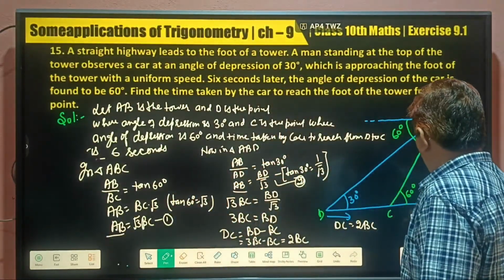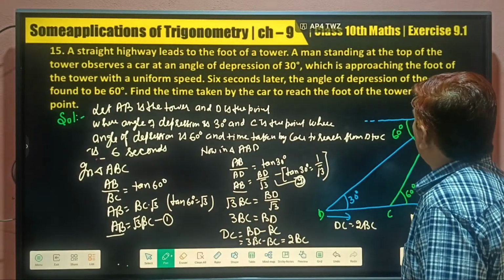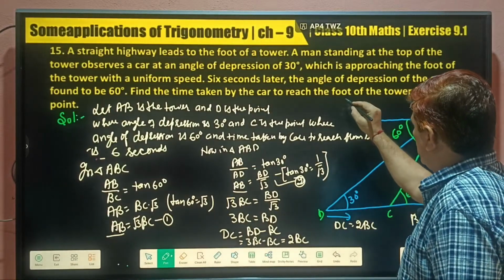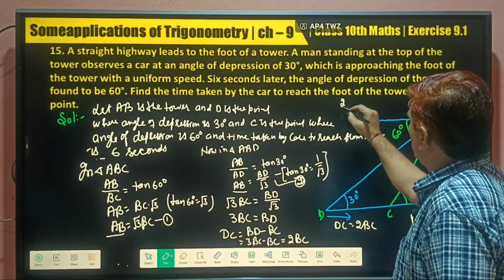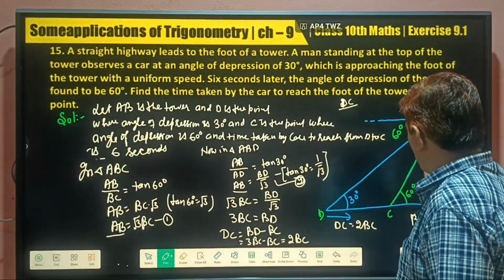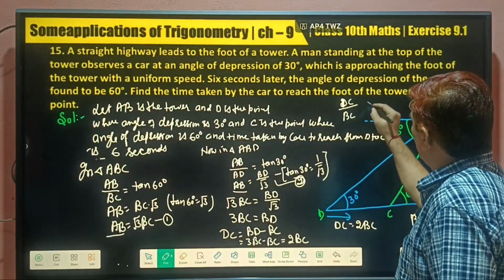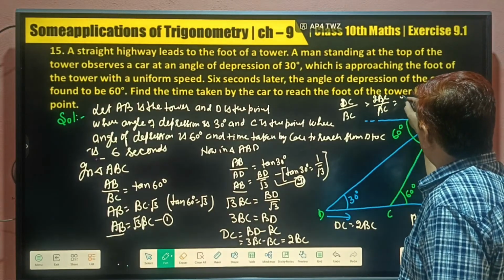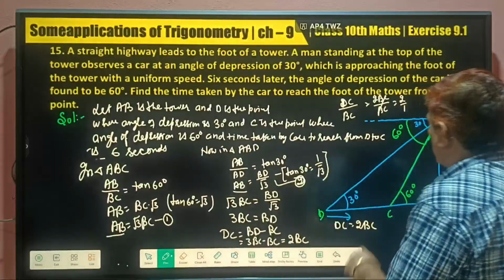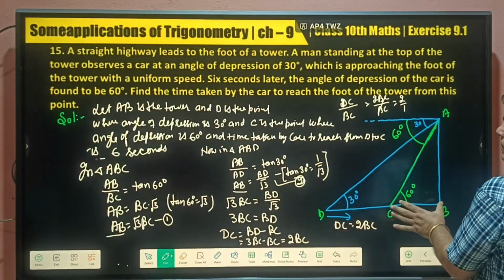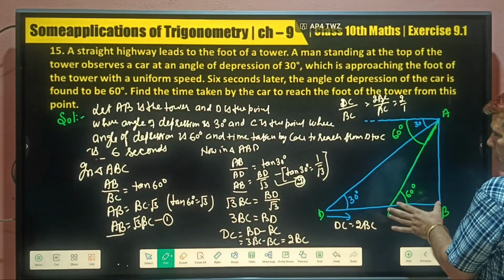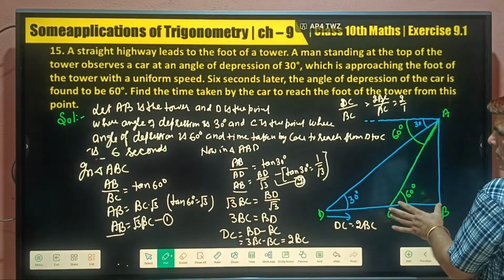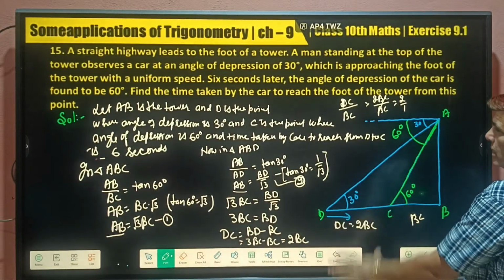So what's your BC? If you compare DC to BC, it is 2BC by BC. Cancel, and it means 2. So this distance is 2 times that distance. Up to here it takes 6 seconds.